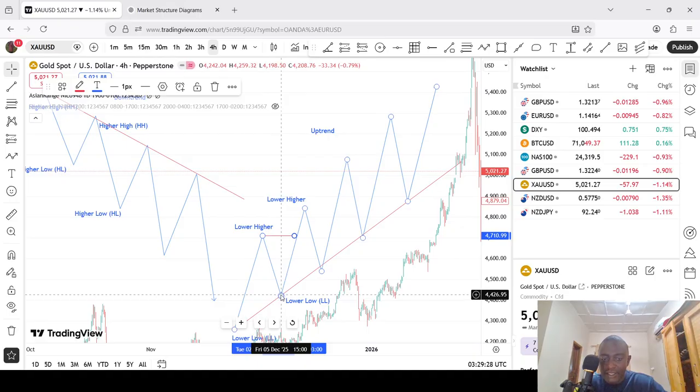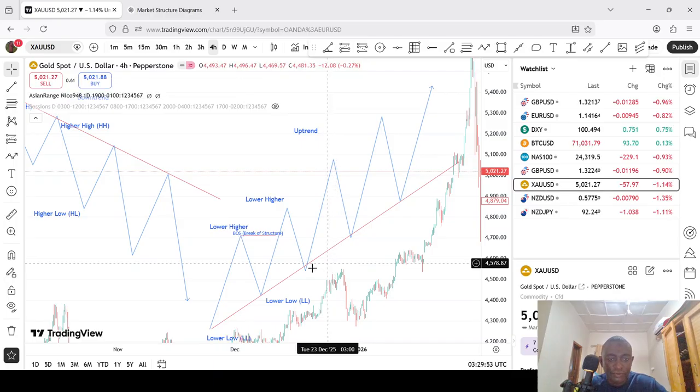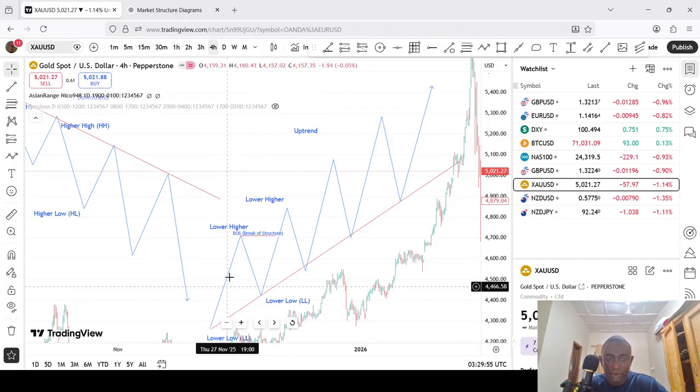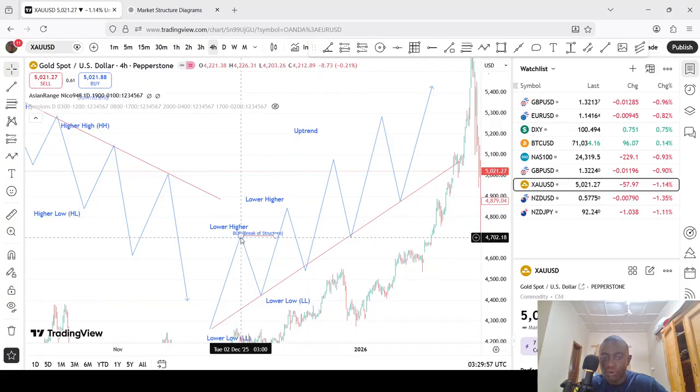Once price breaks this particular level, we just call it BOS, from the words break of structure. You get it? So like this, it means price has broken this high, break of structure.